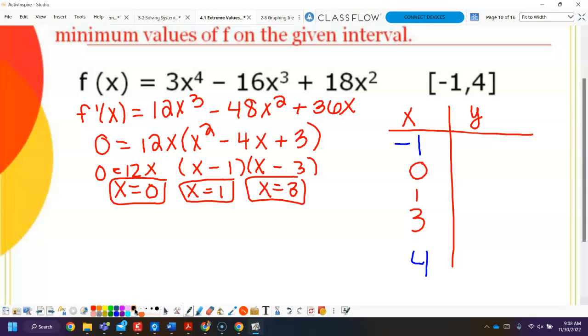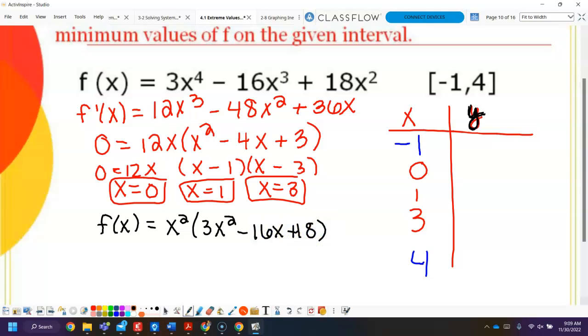So you need to take the original y values. So for me, if I'm doing this by hand, to find those critical points of the original, I take out an x squared, because what it does is help shrink down my numbers.